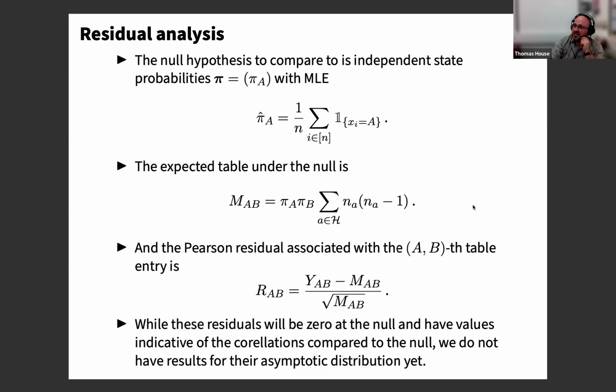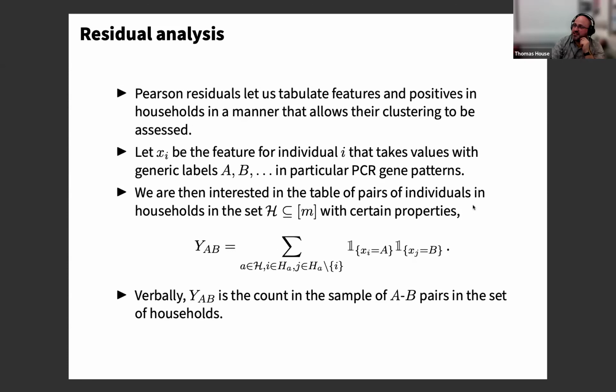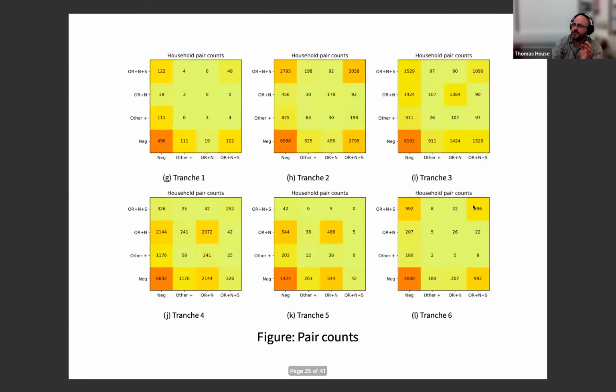But now I think this is actually quite a powerful way of looking at things, which is you count up all the pairs of individuals in households that have certain properties and then compare that to a null in which those properties' marginals are randomly distributed within the household. You look at the difference between the null hypothesis of no association within households and how they're actually correlated.